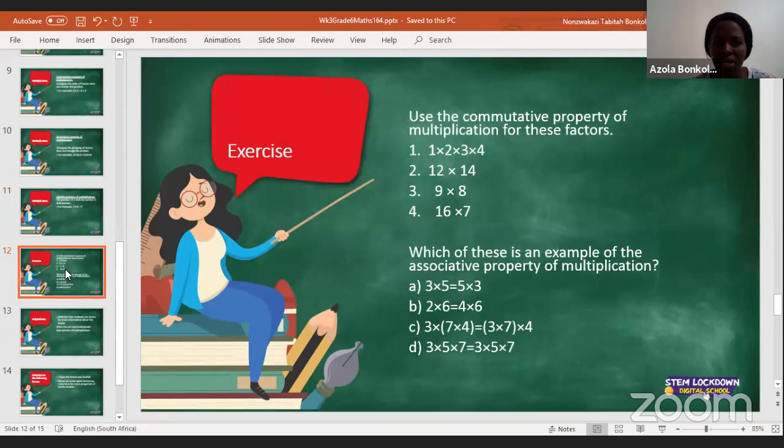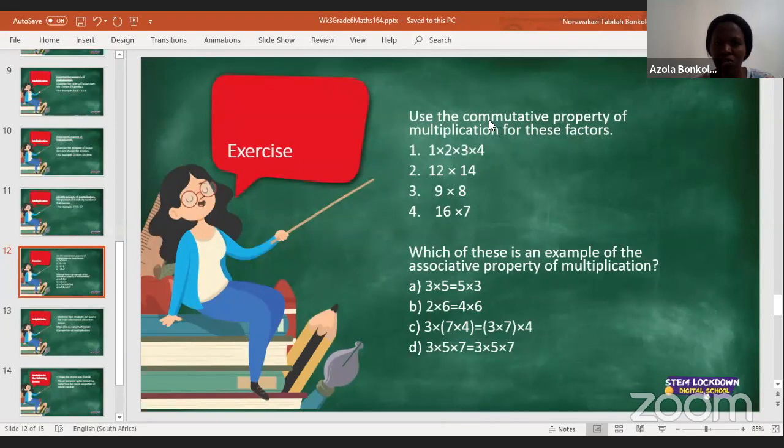Can I then have someone that is going to answer the first one, where we are saying use the commutative property of multiplication for these factors? Do we have anyone that wants to try the first number? I know we have 4 numbers there, and I did that on purpose.